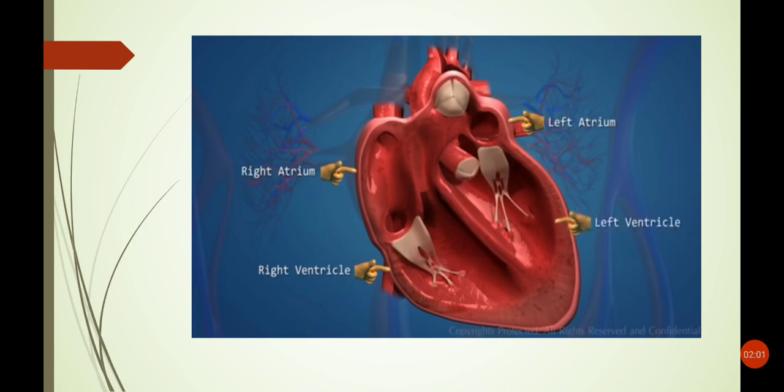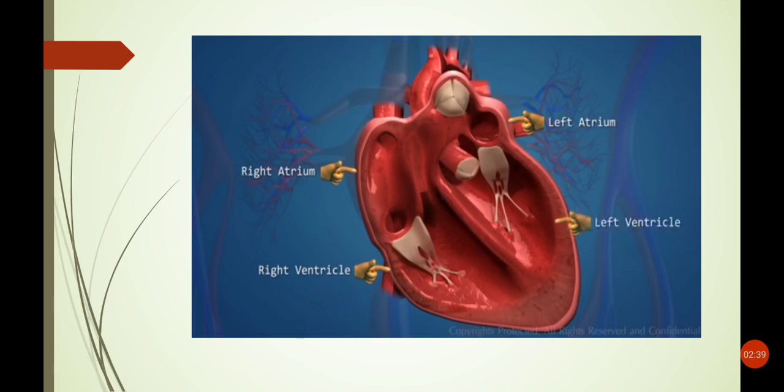The nutrients from the food are carried through the blood to all parts of the body, and the blood also carries oxygen through the respiratory system. So the blood plays a very important role in the transportation system.